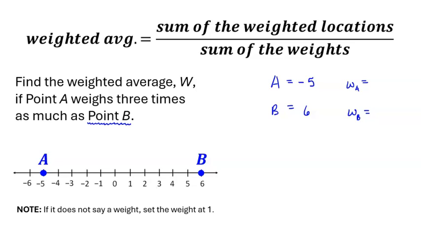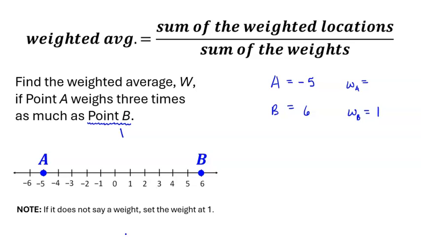Usually with these problems, if it does not say a weight, I want you to set the weight at 1, and then we can have a basis for all of our other weights. So point B is going to have a weight of 1.